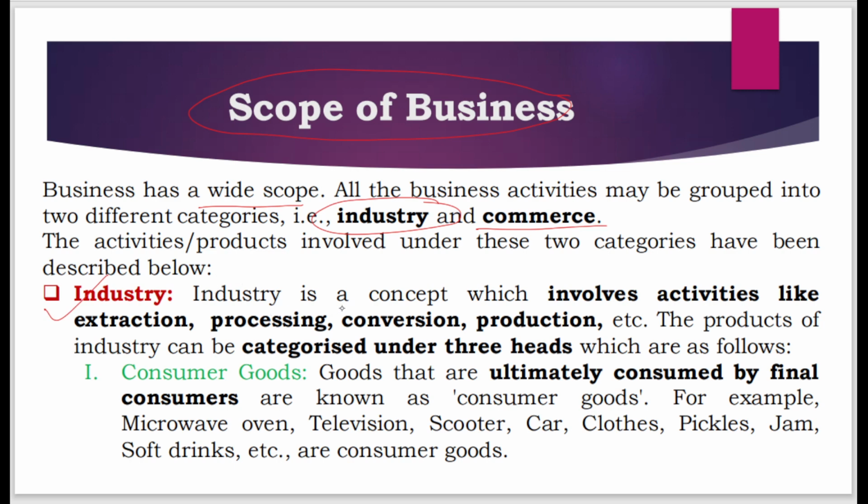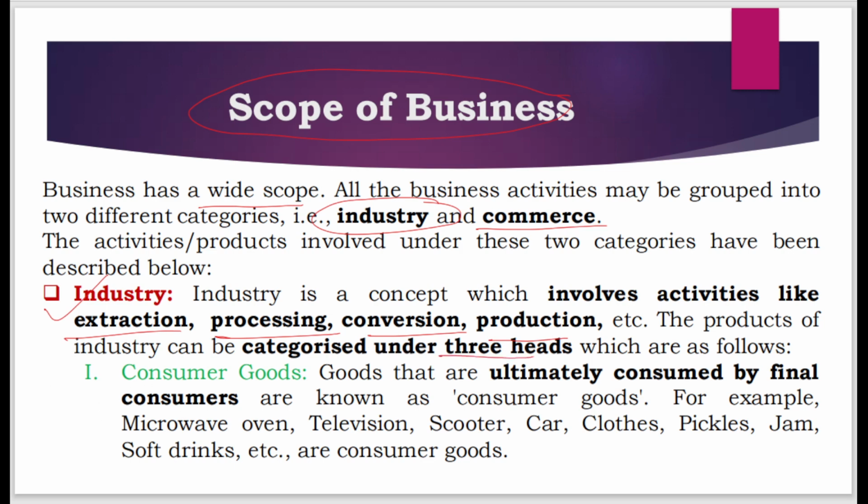In the category of industry, let's see what industry is. Industry is a concept which involves activities like extraction, processing, conversion and production. It can be categorized under three heads.